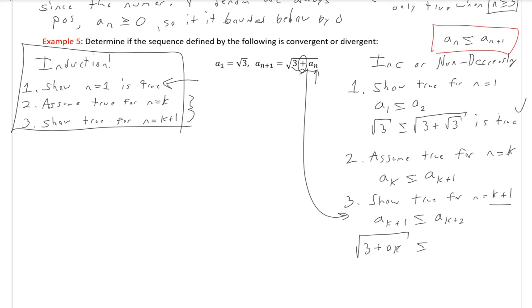And a sub k plus 2 would mean that this is the square root of 3 plus a sub k plus 1, the previous one. If we square both sides, we get 3 plus a sub k is less than or equal to 3 plus a sub k plus 1. And then if we subtract 3 from both sides, we have a sub k is less than or equal to a sub k plus 1, which is true.